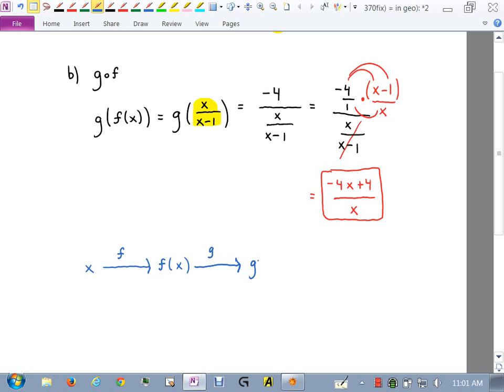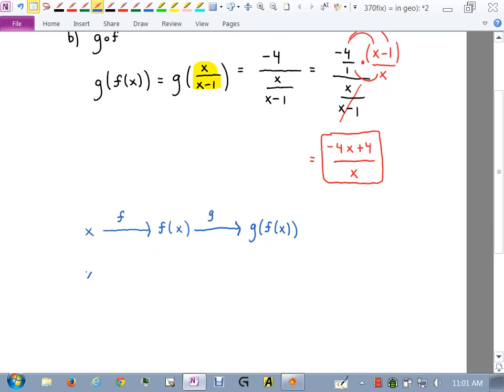That will come out as G of F of X. Now we already know that when you send X through F, it comes out as X over X minus 1. And when you send that through G, what does it come out as? Everything we just got, right? At the end, negative 4x plus 4 over x.